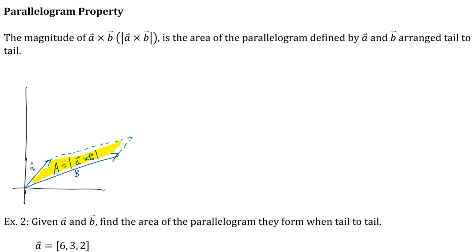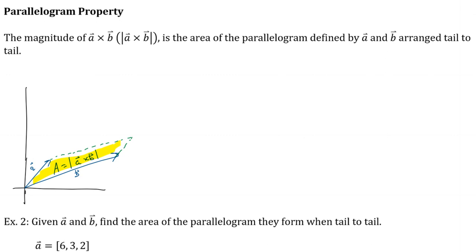And again, for us, this is a very specific question where when you're asked to find the area of a parallelogram defined by two vectors tail to tail, I'm supposed to take the cross product. So you need to know that the cross product gives us that, not the dot product, that kind of thing. But that's really about all you have to know.